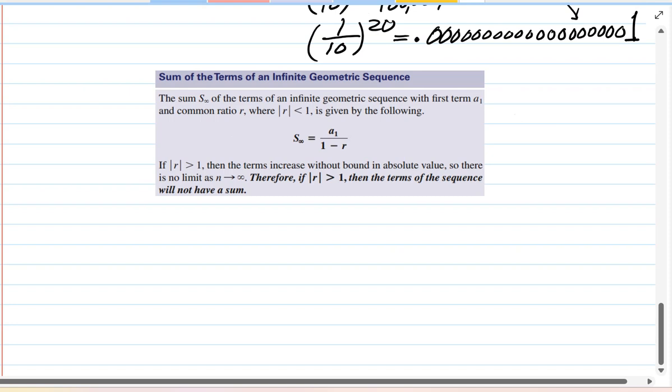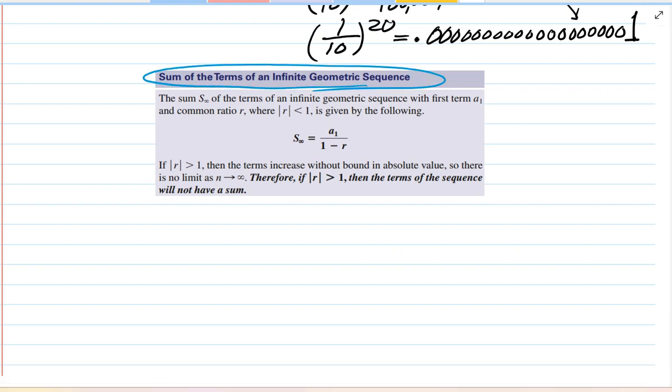The sum of the terms of an infinite geometric sequence. So here's how it reads. The sum to infinity, notice the subscript infinity, of terms of an infinite geometric sequence with first term a sub 1 and common ratio r. It's very important that the absolute value of r be less than 1.